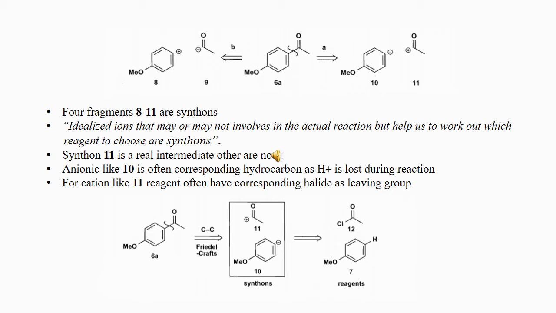Previously the reagent was the nitronium ion, which was also a cation for nitration. Now for Friedel-Crafts reactions, the reagent is again a cation, and that is the 11 cation.